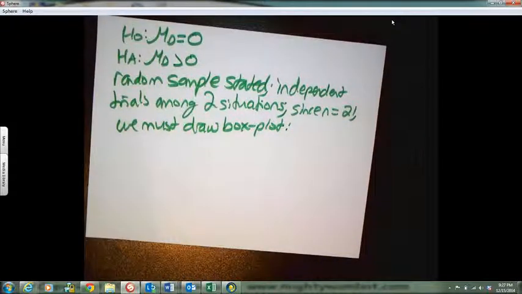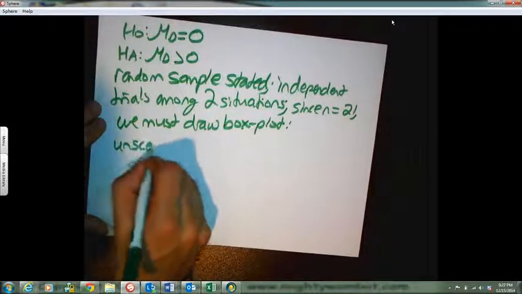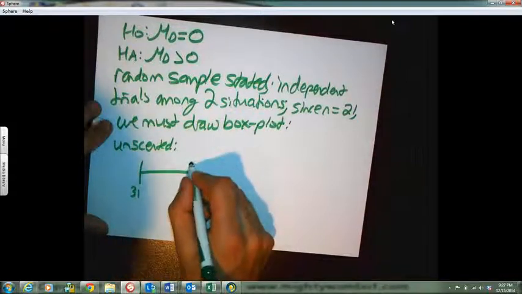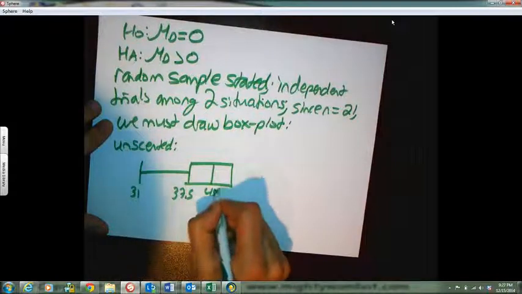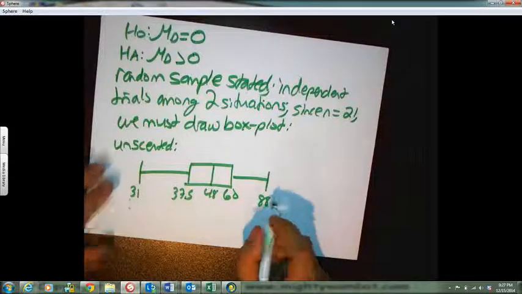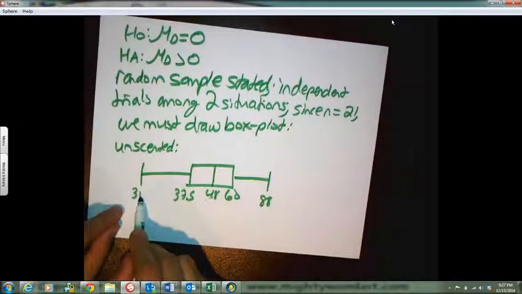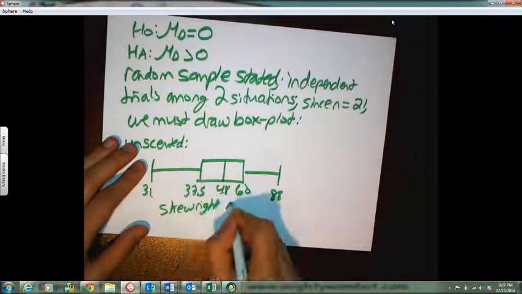So remember, the way to draw the box plot is to put all the data in and do one variable statistics. I did that. So for the unscented, here's what we had. This is 31, 37.5, 48, 60, 88. And this is skewed right because this distance is 40 and this distance is only 17. Skewed right, no outliers.